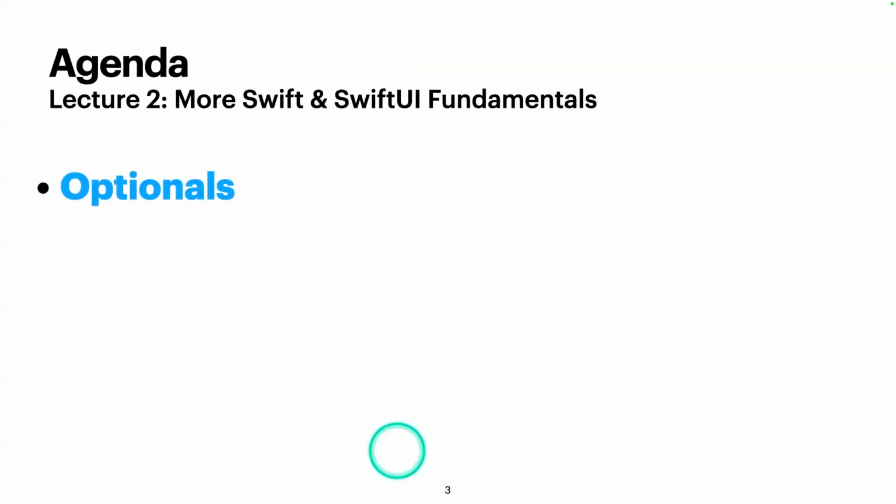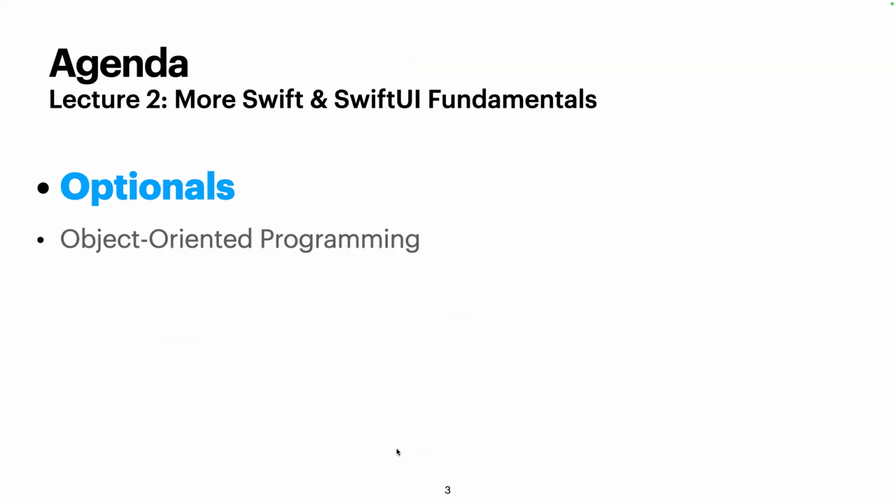So here's the agenda for today. We're going to talk about something called optionals, which, if you have done something called Rust before, should look pretty familiar. We're going to talk about what is object-oriented programming. Hopefully, you have utilized object-oriented programming in the past. We're going to talk about something called structs versus classes.